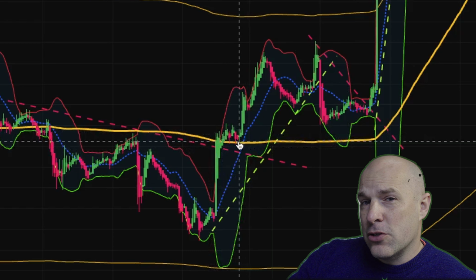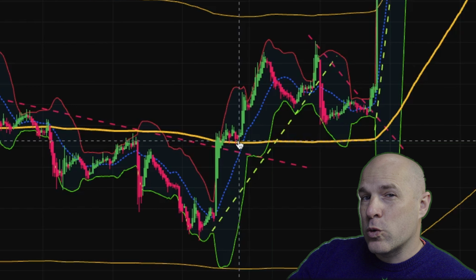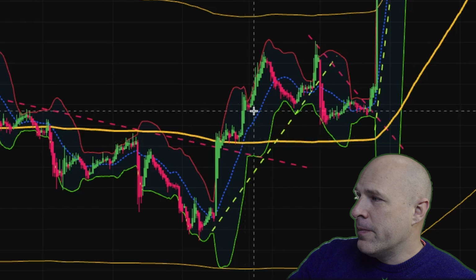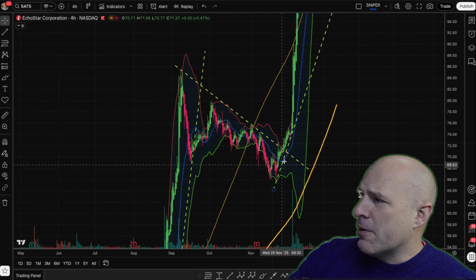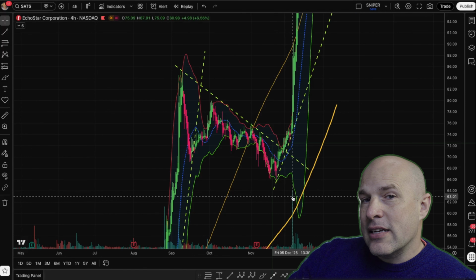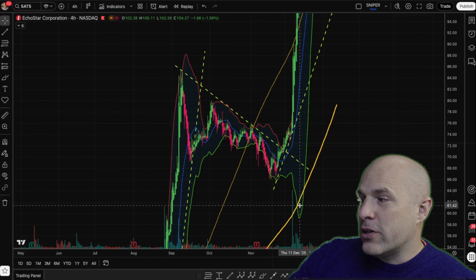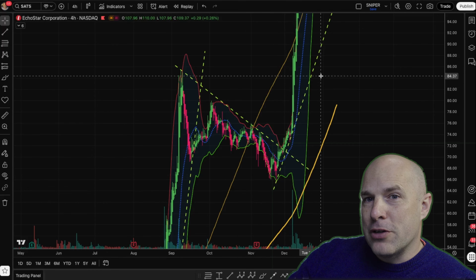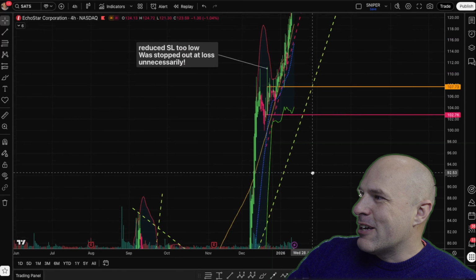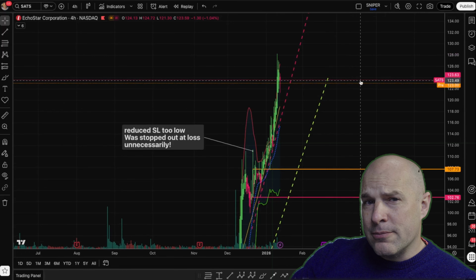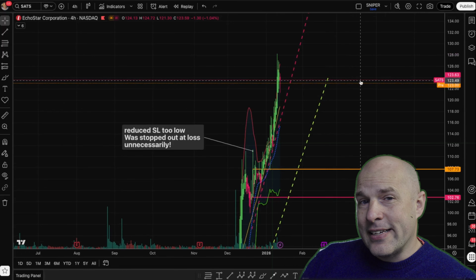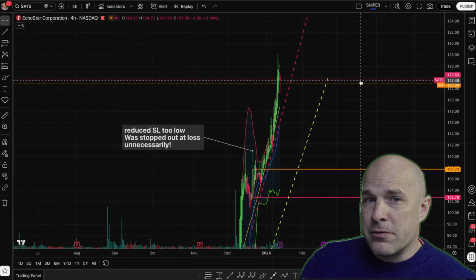It only bounced off the 200 moving average, which is also a very firm support, and it moved up, and then it moved up and moved up, and it still didn't come down. It didn't come down to touch the trend or the 200-day moving average before it moved up even more, and it just kept going up, and now it's $120. So it's gone from 20 to 120 in literally about 3 or 4 months.